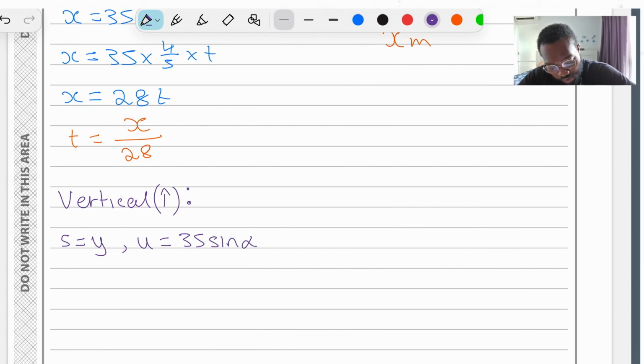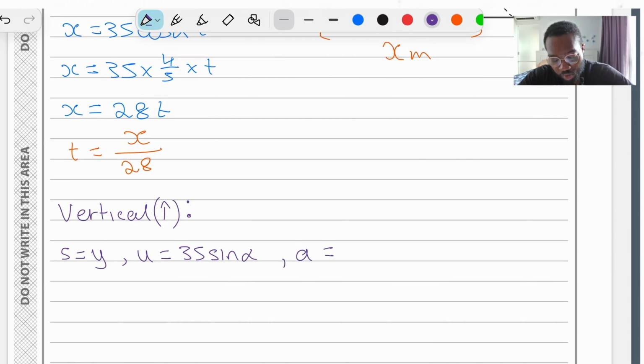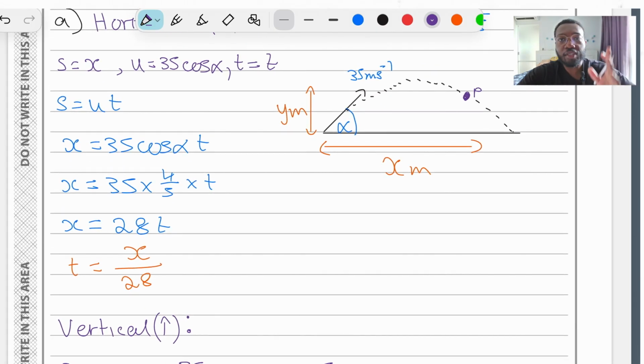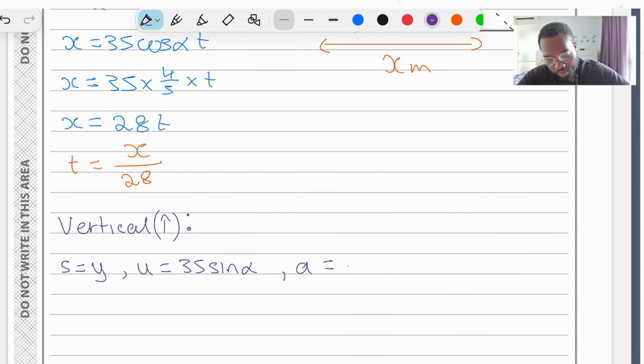Our v we don't know. Our a: remember, because we're taking upwards as our positive, the acceleration due to gravity is going to be negative because we're decelerating as we go up. So that will be minus 9.8. And we still have t as t.